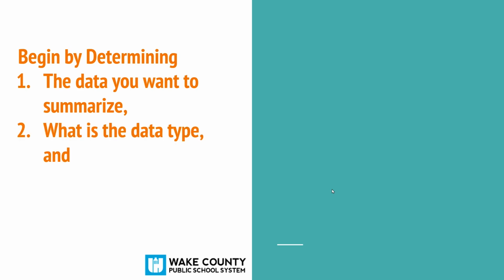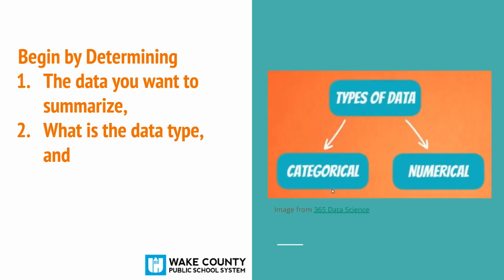And once you determine what data that is, you have to think about the data type, because how we build our pivot table is reliant on what the data type is that will be inside of the data table. There's two types of data. One is categorical, so that might be like in EOGs, the level non-proficient, level 3, level 4, level 5.